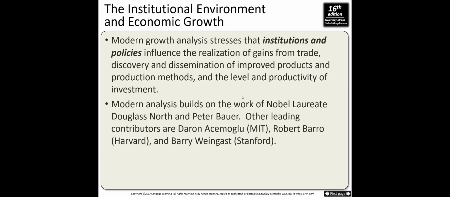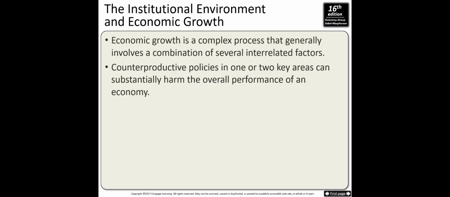Other leading contributors are Daron Acemoglu, Robert Barro, and Barry Weingast. Economic growth is a complex process that generally involves a combination of several interrelated factors. Counterproductive policies in one or two key areas can substantially harm the overall performance of an economy.